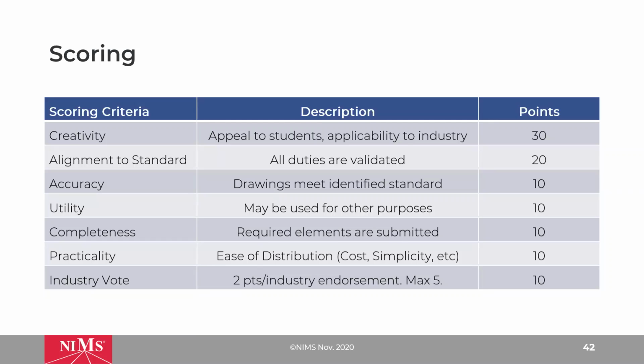in order to be valid for a NIMS credential, the project has to validate all the performance duties for however they're grouped in the performance agreement. So what that means is, if let's say there's 5 duties that are in a group, a performance measure can't have 5 separate little projects that someone does to demonstrate that they can do those 5 duties independently.